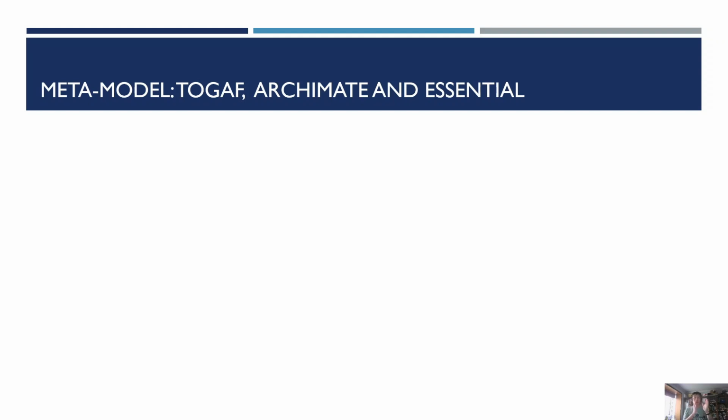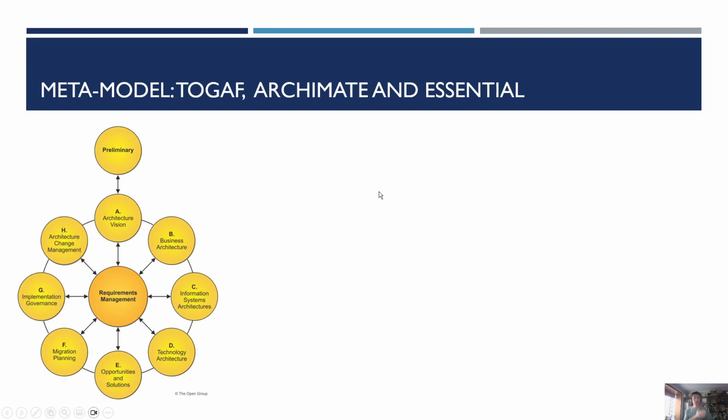So for moving to Essential, we start from TOGAF. First we learn ArchiMate. ArchiMate is also part of the publications from TOGAF as a language specification. So the base is TOGAF.